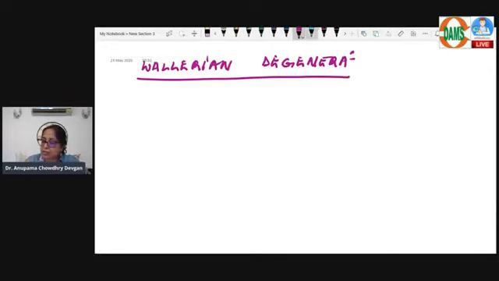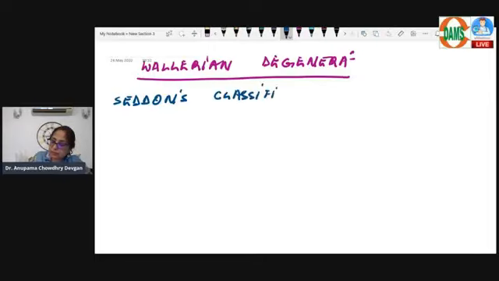Now, firstly, you must know what is Seddon's classification of nerve injuries. Right? Now, what is Seddon's classification?